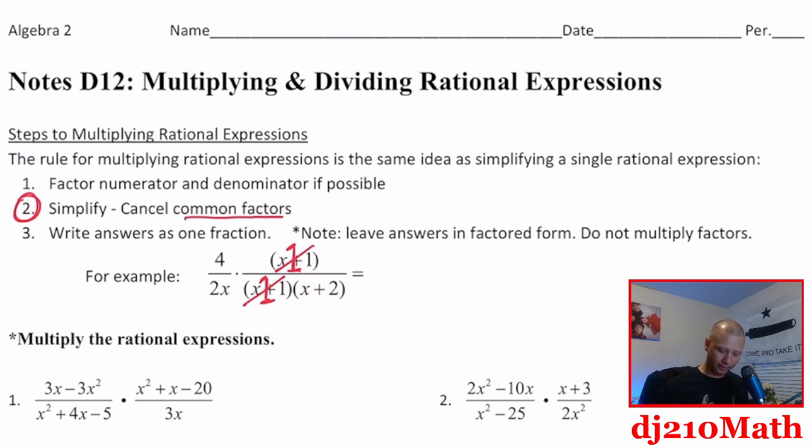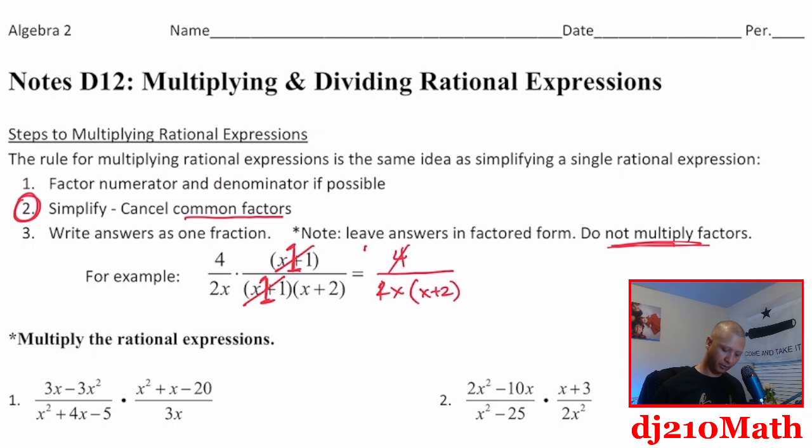Okay, so then this is going to be 4, because 4 times 1 over what's left in the bottom, 2x, x plus 2. So don't multiply, leave them separate. One more thing actually can cancel.